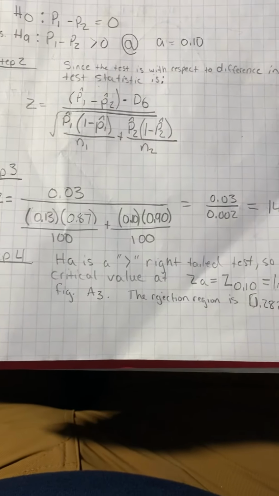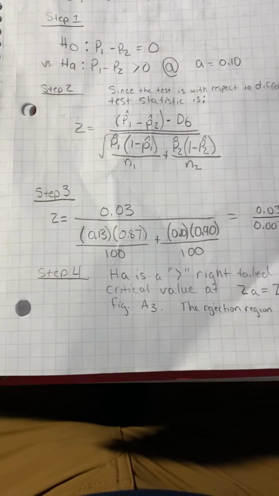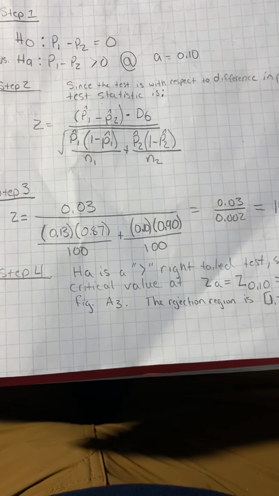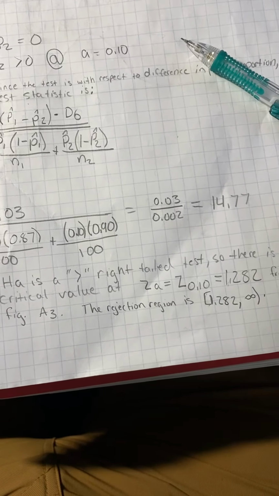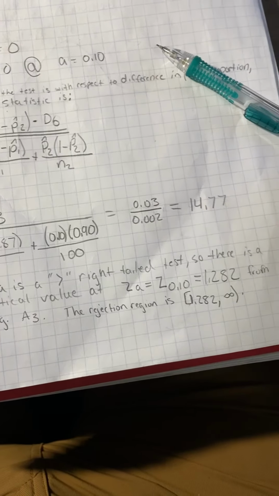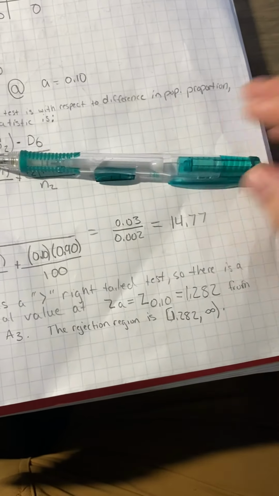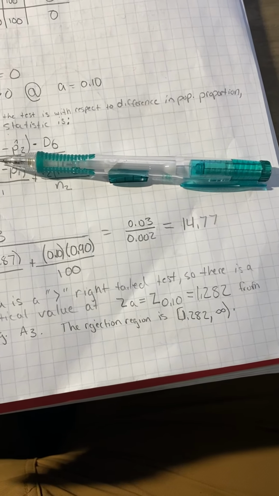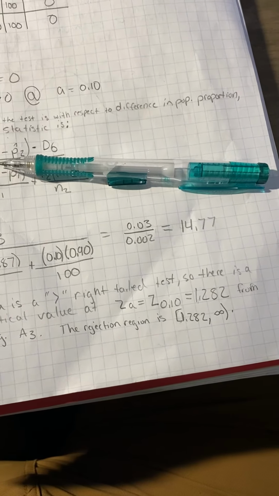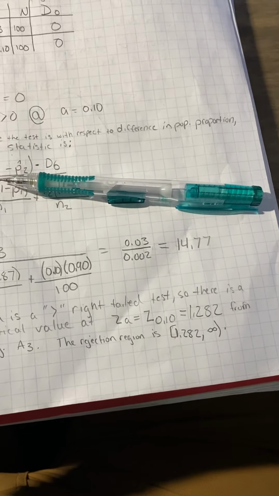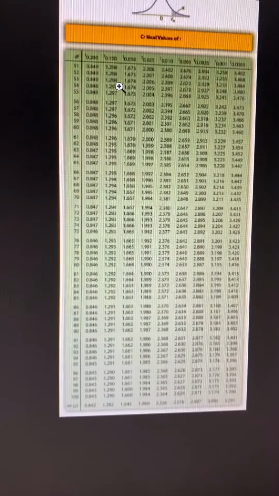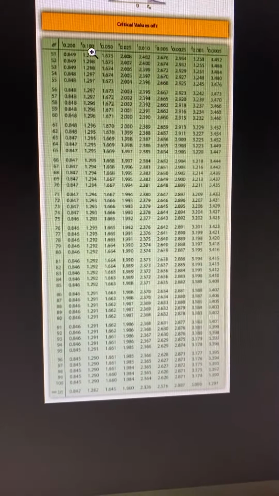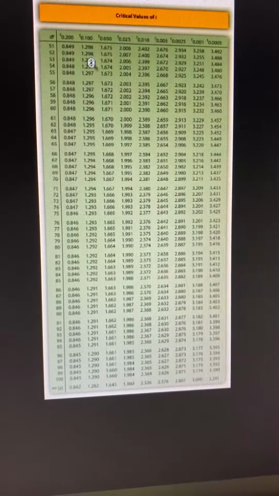And then for step 4, since HA is a right-tailed test, in this case, there's a critical value at ZA, which is Z of 0.10. And if we look in the critical values of T figure A3, we look down here at the bottom at a value of 0.10, which is 10%.